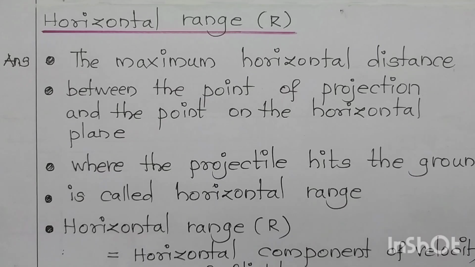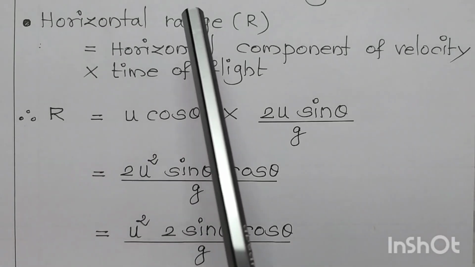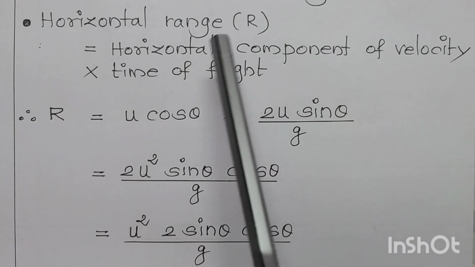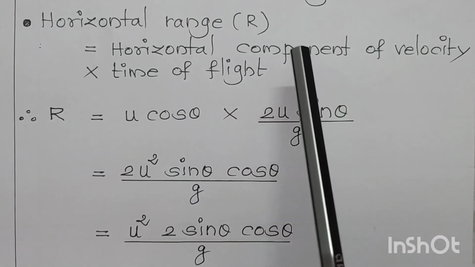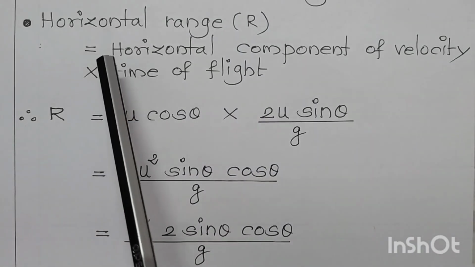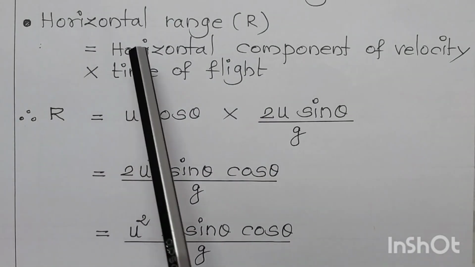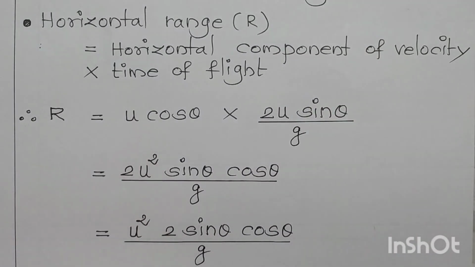Now let us derive the expression. Horizontal range, that is capital R, can be calculated by multiplying the horizontal component of velocity and the time of flight. So the formula is horizontal range is equal to horizontal component of velocity into time of flight.